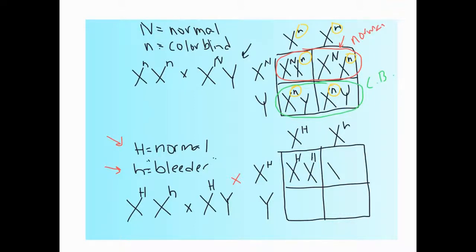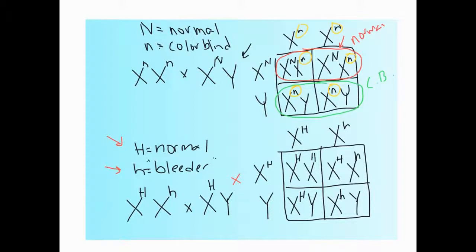This female is going to be X, big H from dad, X, little h from mom. This male down here, X, big H from mom, and he obviously gets the Y from his dad, which does not carry the allele for hemophilia. And this male over here, X, little h, and Y.